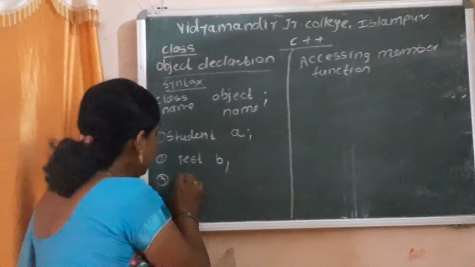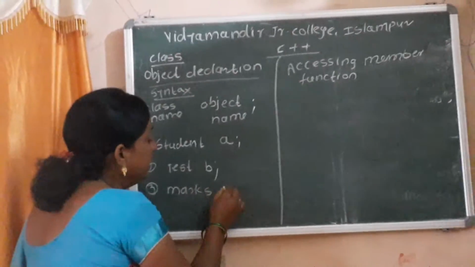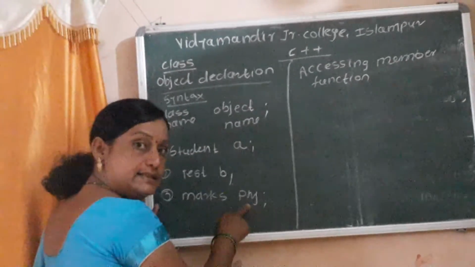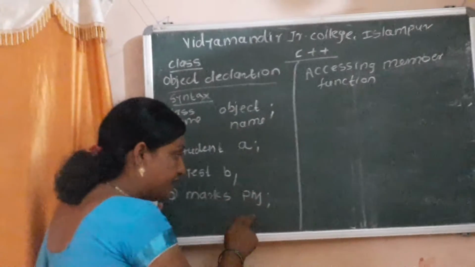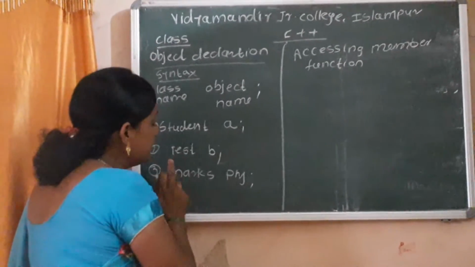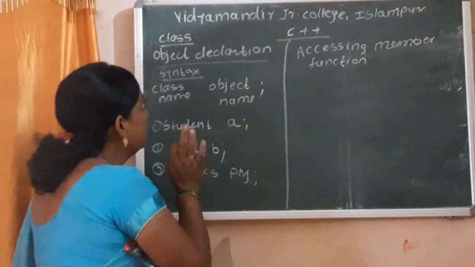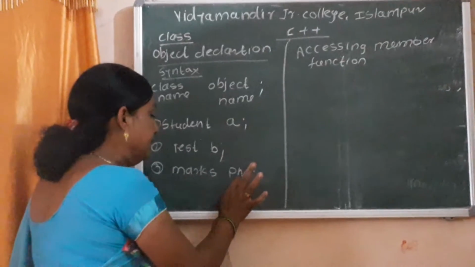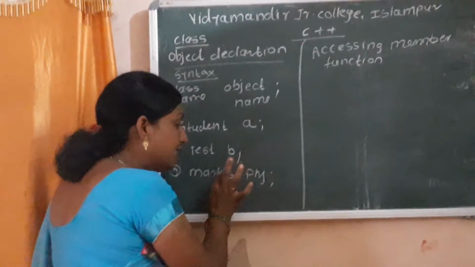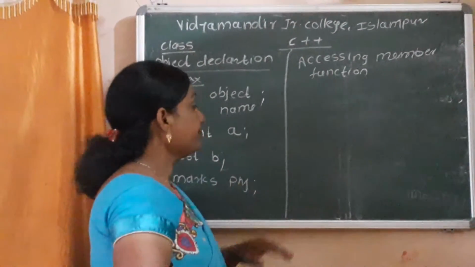Third one, if our class name is marks and object name is p or physics, then it tells that physics is an object name whose membership is in the class marks. Got it? That is, an object can be declared after the class name. First we give the class name and then we write the object name.